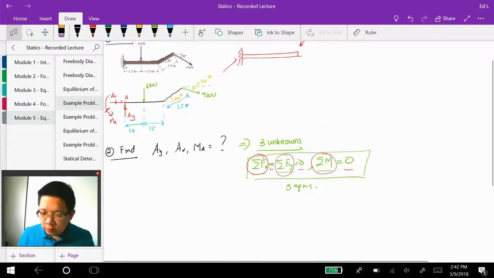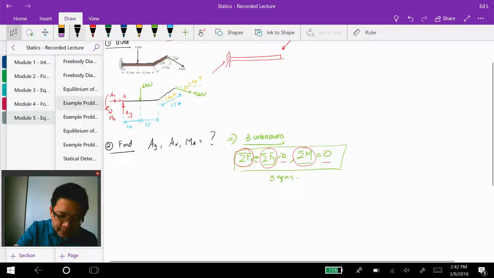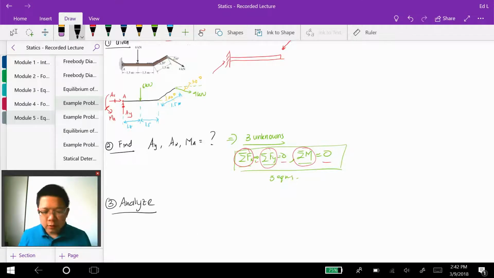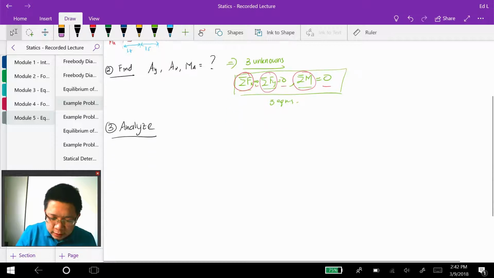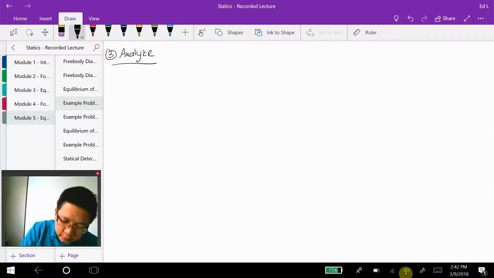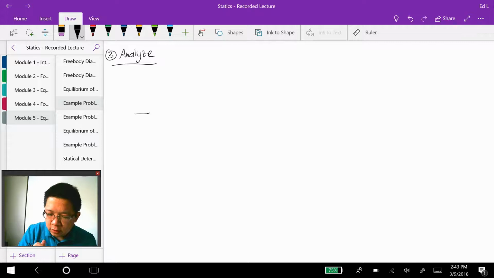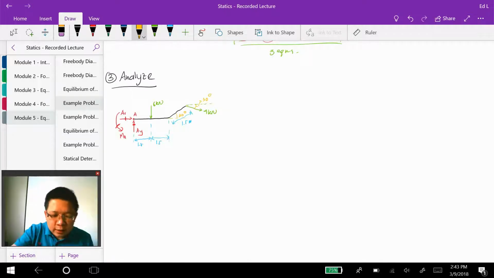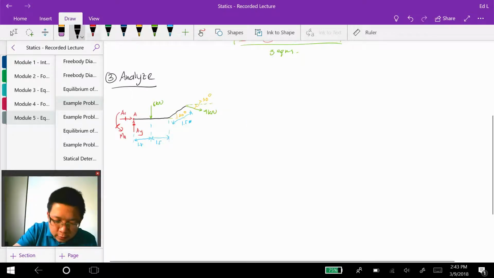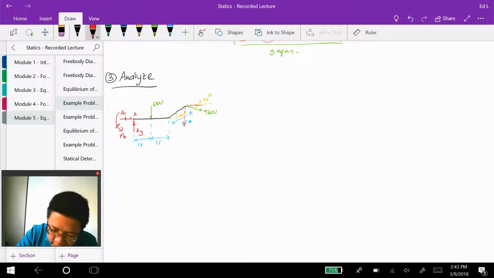I'm going to zoom out a little bit right here. I will redraw it a little bit in here, or let me just copy it. Before we solve the problem, it's always a good idea to decompose any force into x and y directions, and let's assume that this is the x-axis and this is the y-axis.